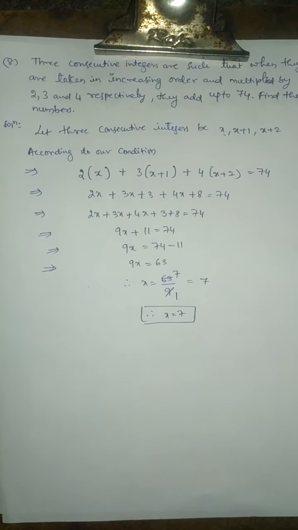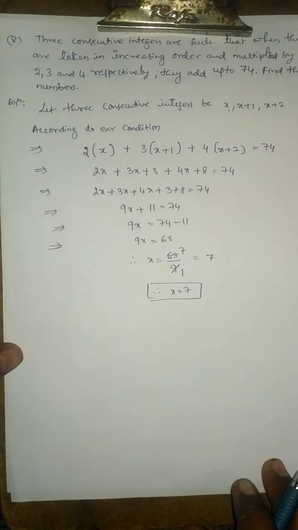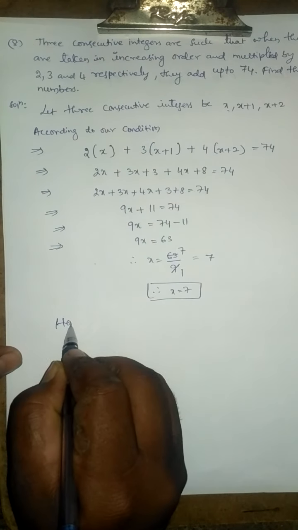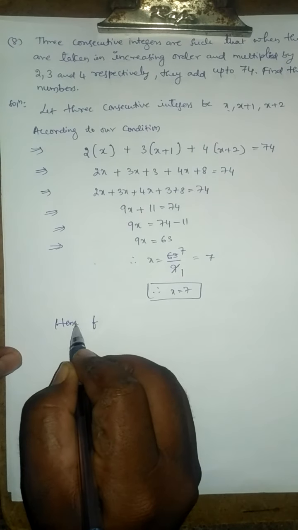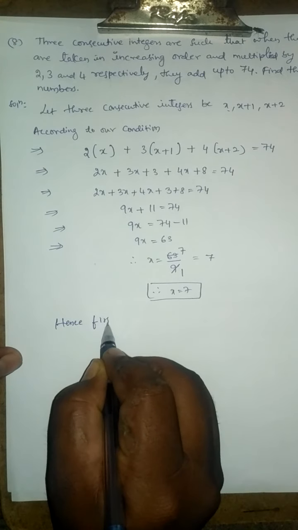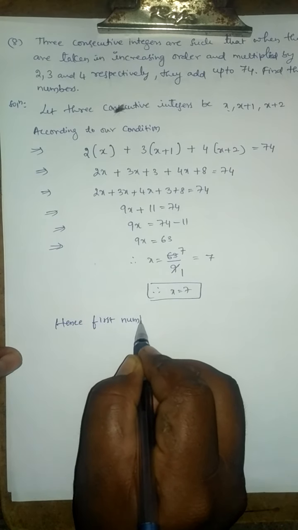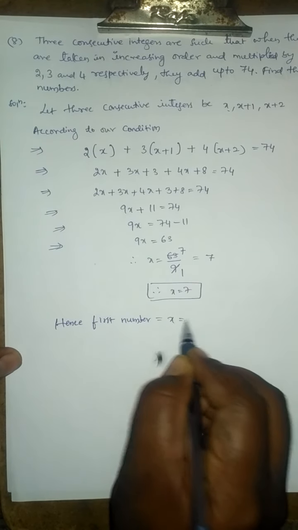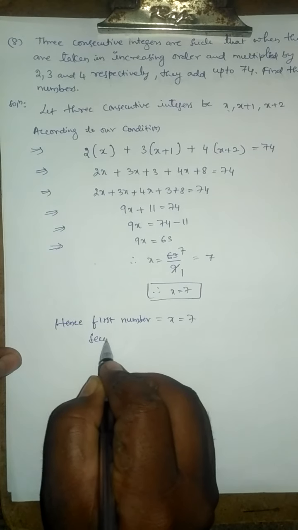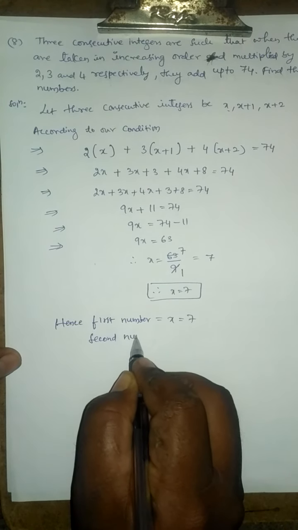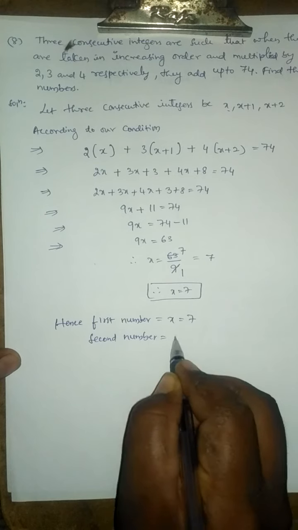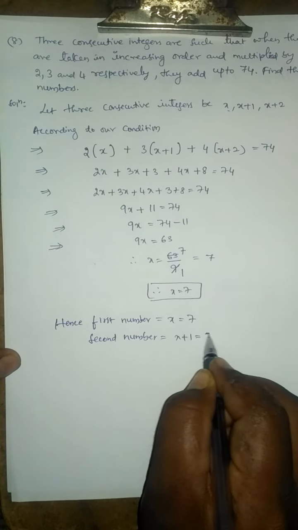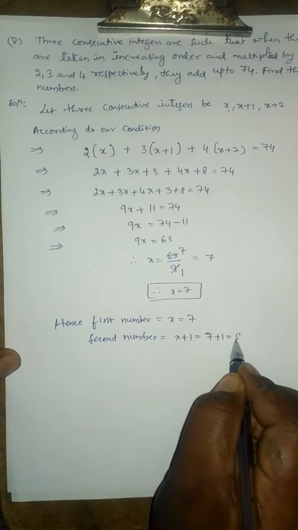We got the x value. Now what we have to find out? Hence first number is equal to x, that is equal to 7. Second number, that is x plus 1, that is 7 plus 1, that is equal to 8.